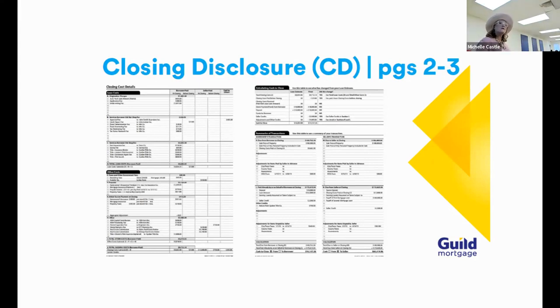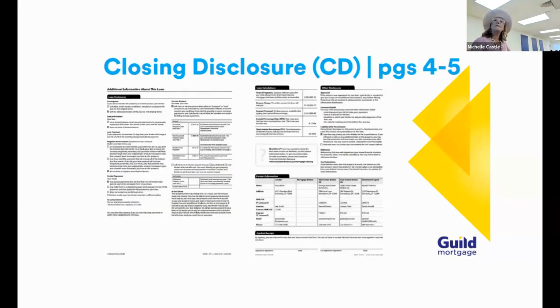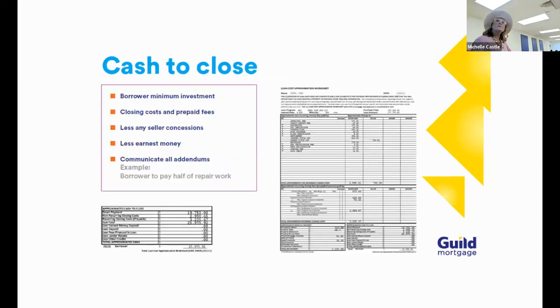But anything that pertains to the loan, some credits for maybe the title policy or the survey that is paid for by the seller, or those repairs that we were talking about, if they do repairs at the end and we get an invoice, that's going to be on the actual CD because it applies to our side of the transaction. It's got to be in the file. We also are going to disclose the APR and more information about the loan itself. Any questions on that part of it?